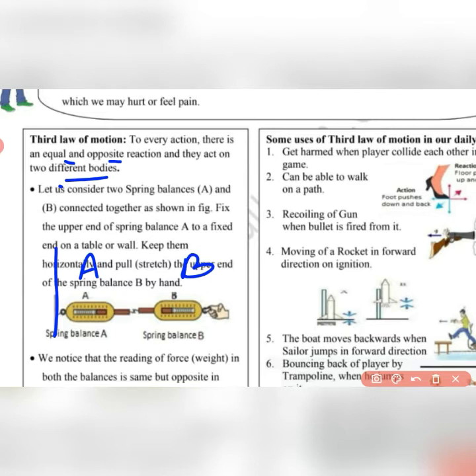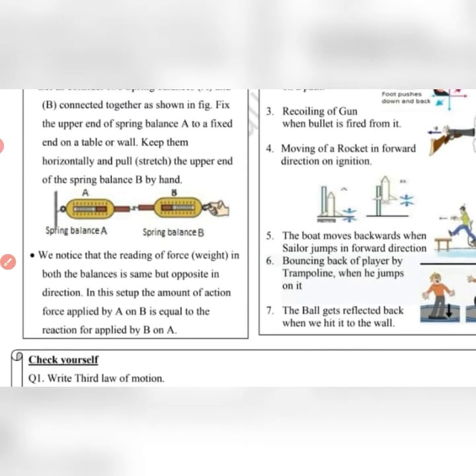On stretching B, we will see that the reading in both A and B spring balances is the same. So when A is exerting force on B, this is the action. B in turn is also exerting force on A, which is the reaction. That means both forces are acting, but in opposite directions.